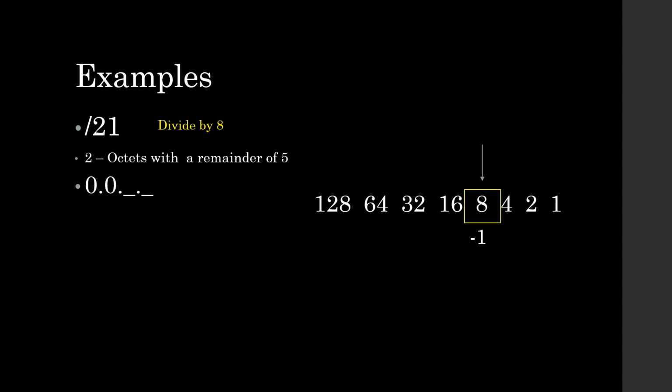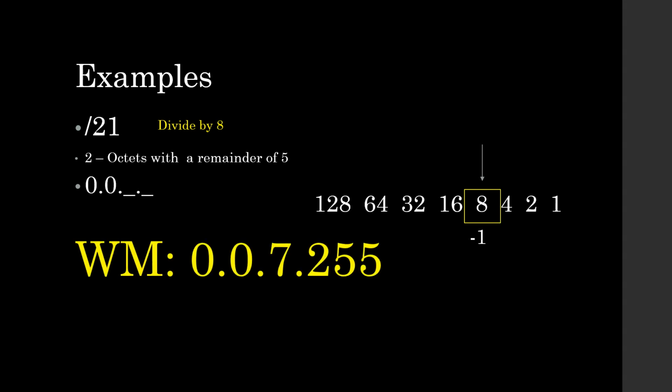Then we subtract 1, which gives us 7. Therefore, our wildcard mask is 0.0.7.255. Automatically, the fourth octet would be 255. Anything without a wildcard mask would be left with 255.